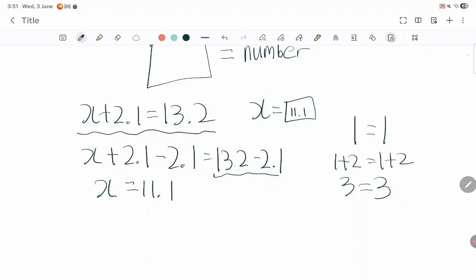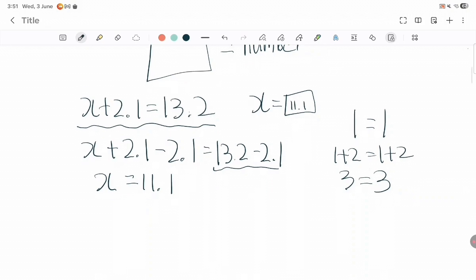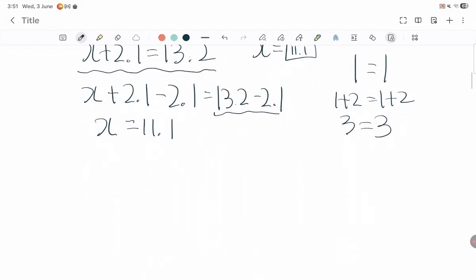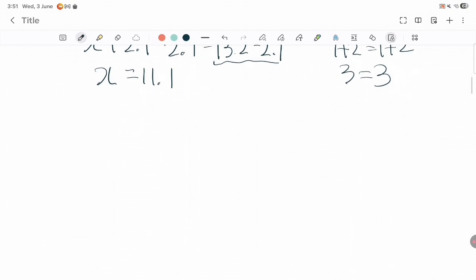But the one thing that you have to check is that you have to do it on both sides. That's really important. And there are some more details to it, especially when it comes to dividing or multiplying. We are going to do it.